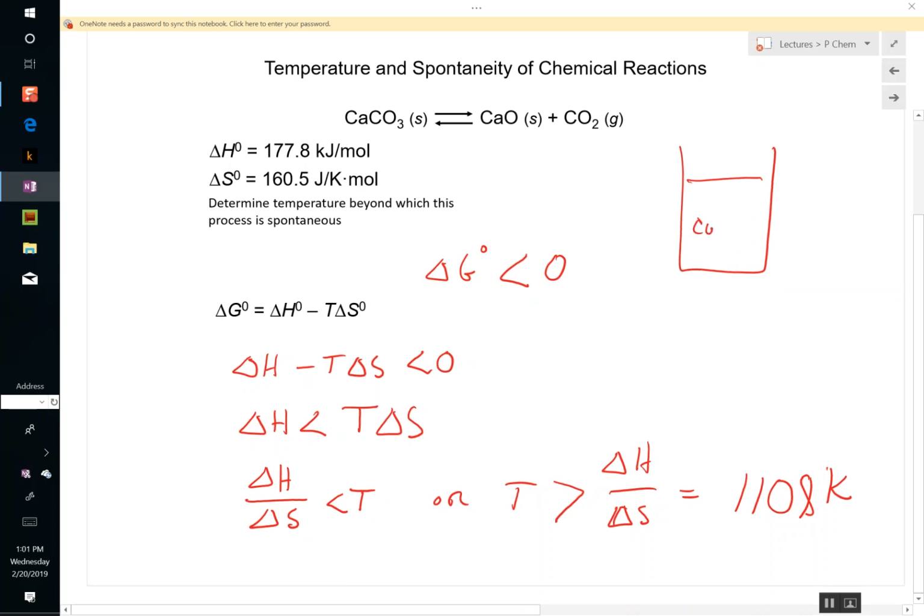But if you have calcium ions and carbonate ions floating around in here, take it up to the boiling point of water, you can drive off carbon dioxide.